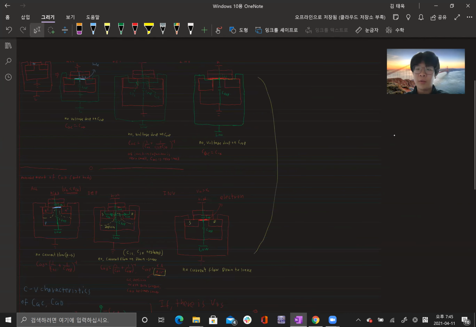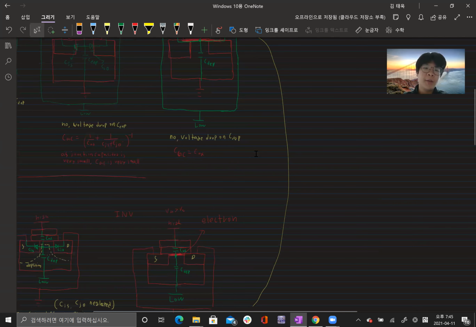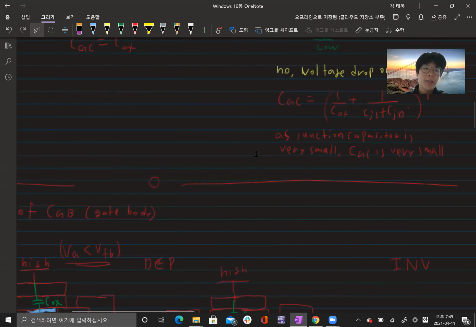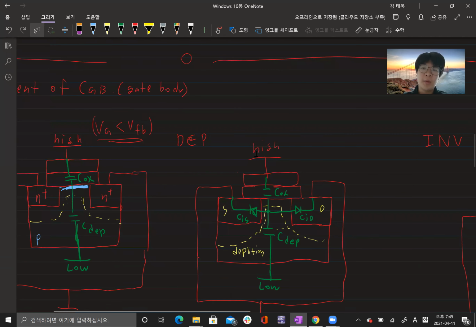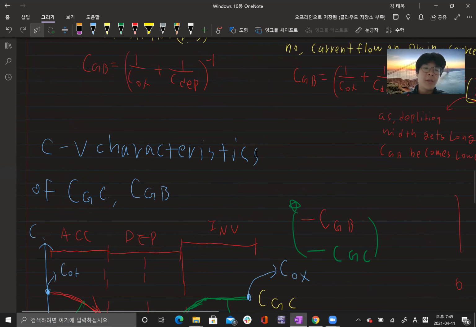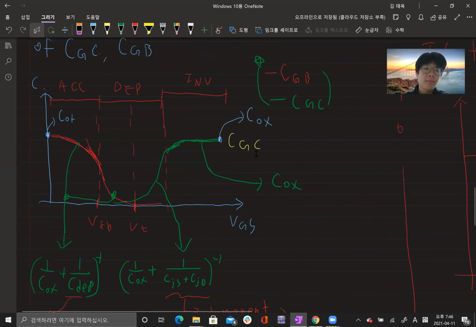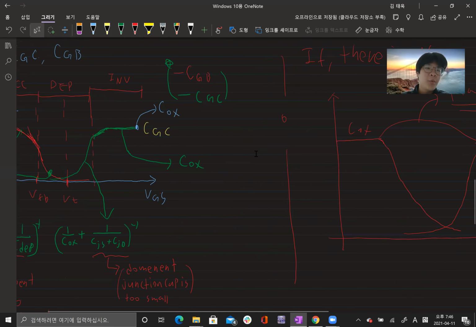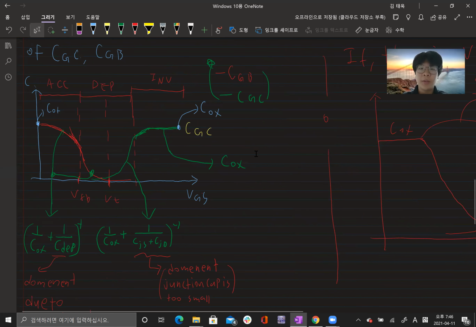So by using those measurements, we're gonna draw CV characteristics with gate body capacitance and gate channel capacitance. As we look at here, in the accumulation and depletion regions it is not constant, because at gate body capacitance there will be no current between channels, source or drain.